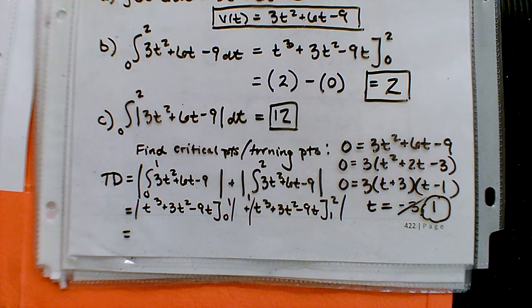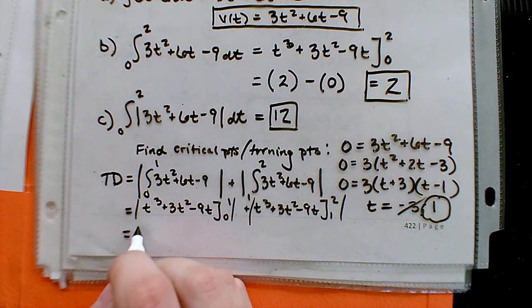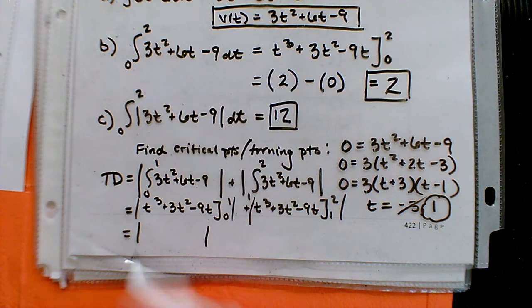Okay, so first fundamental theorem of calculus: plug in the top, get a number, plug in the bottom, get a number, and subtract them. So our first distance, from 0 to 1: if we plug in 1 for all those, we'll get -5. If we plug in 0, it's going to be 0, so we're just left with -5.